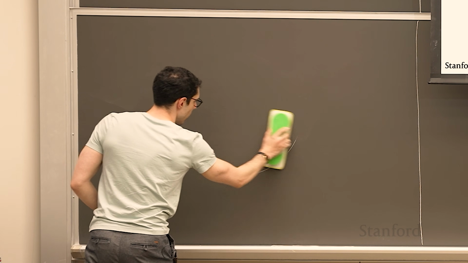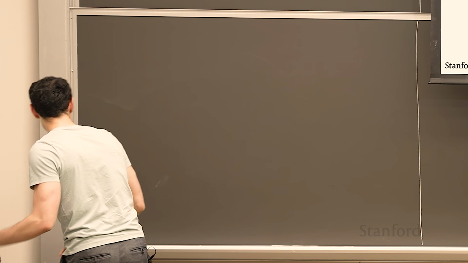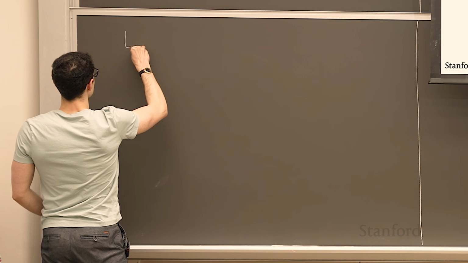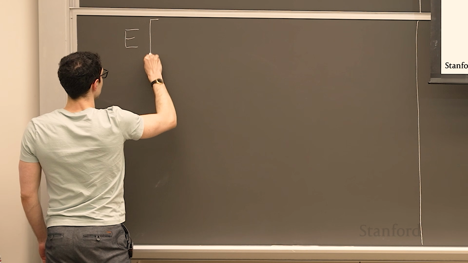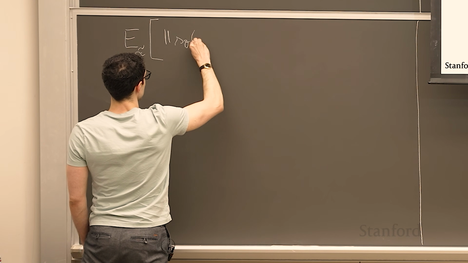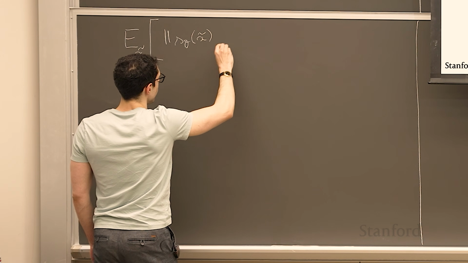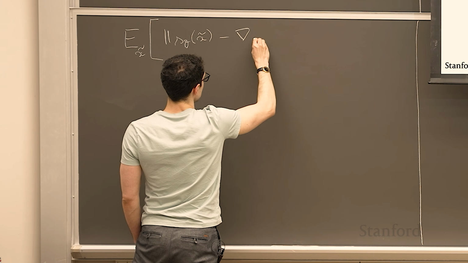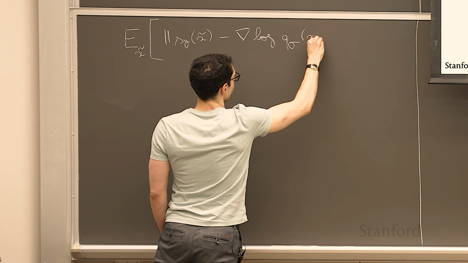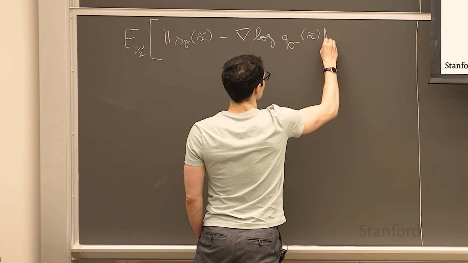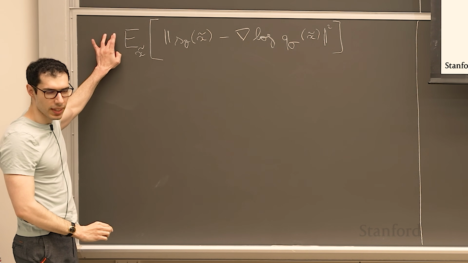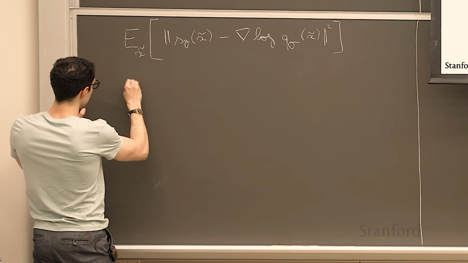So we have the original score matching function, which is the one at the top. It is the squared distance between the score of the noisy observation and the true score of q sigma. What we're saying is that optimizing for this loss function is the same as optimizing for this one.